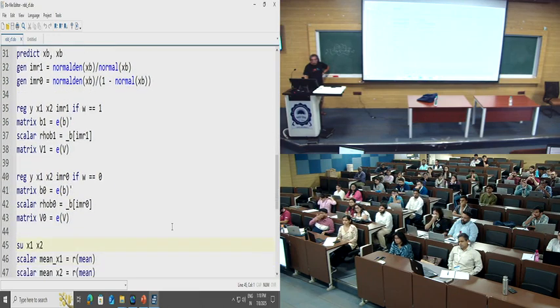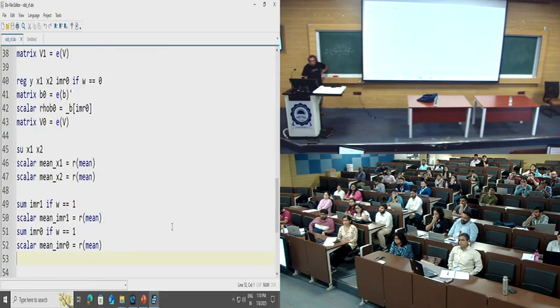I then do summary statistics of x1 and x2. I get the scalar of the mean of x1 and x2, and then all I want to do is the sum of the IMR when W is equal to 1 and W is equal to 0, and create two different means belonging to IMR 1 and IMR 0.